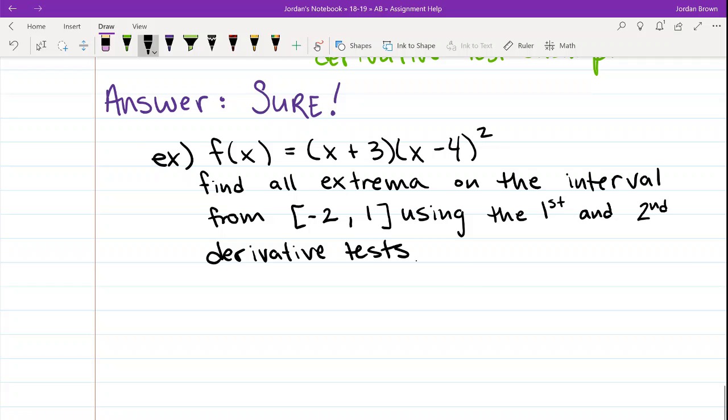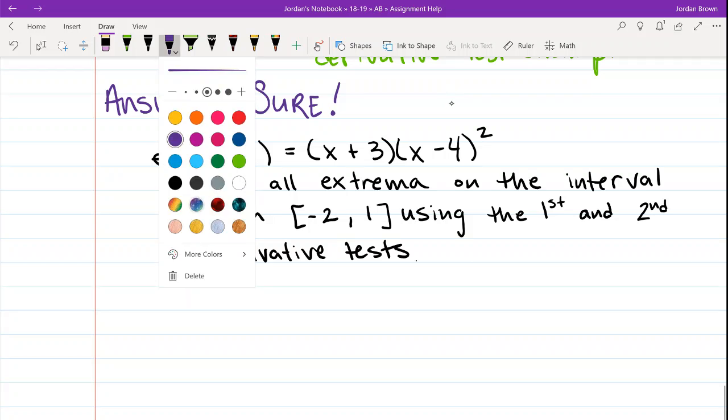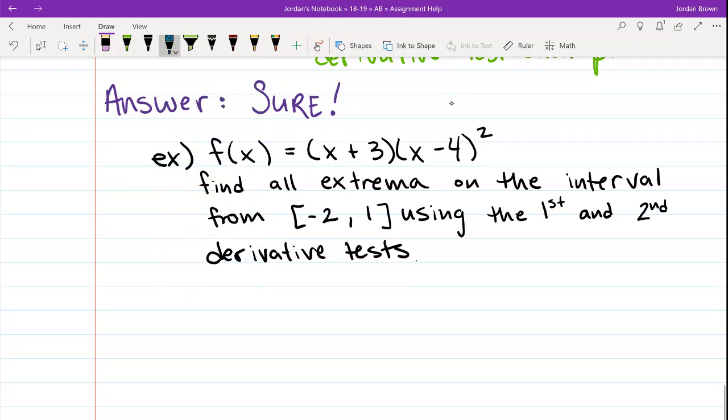I'm going to do this in two separate parts. First, I'm going to do the first derivative test. Then I'll go back and do the second derivative test.